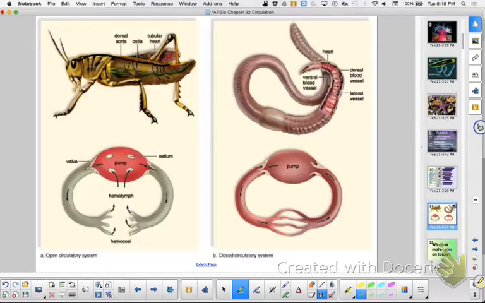These little tubes reach every single cell in their body. So their gas exchange will take place through these tubules that run in and out of their body. Not like you and I, where our blood comes in and around our lungs and picks up the gases and transports it to other places in our bodies. Whereas the grasshopper has tubes going to every cell in their body, and that's their tracheal system.